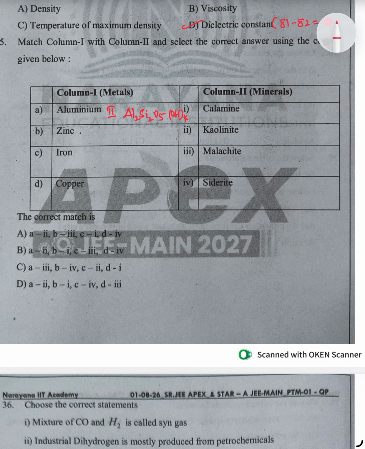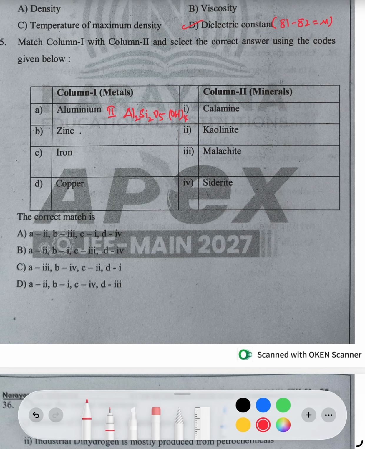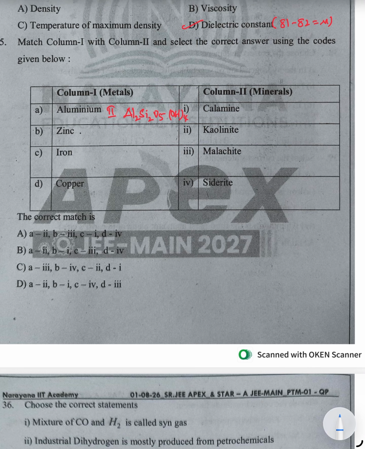Next, let us see zinc. So zinc is what you call zinc calamine. First option. Formula is zinc carbonate, ZnCO3. So ore of iron is siderite. Fourth one. Formula of siderite is iron carbonate. Next, copper ore is malachite. Third one.